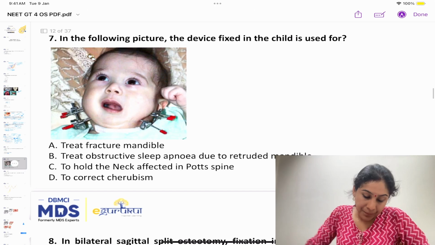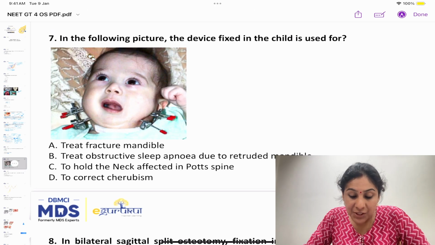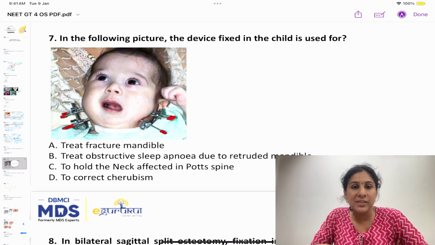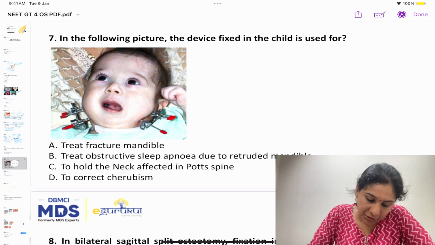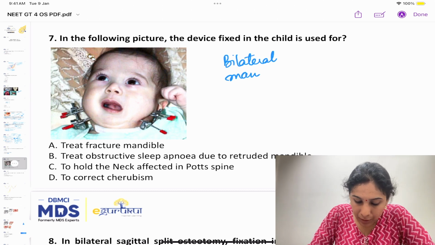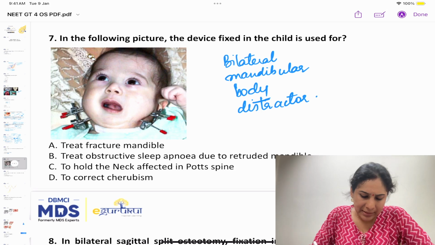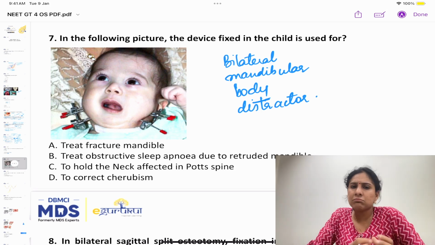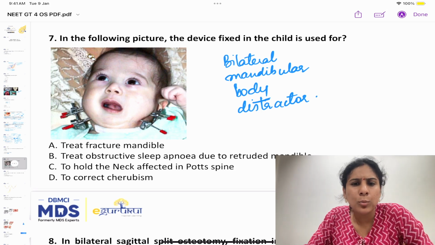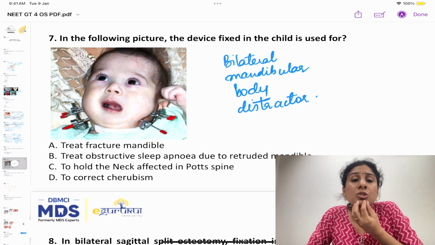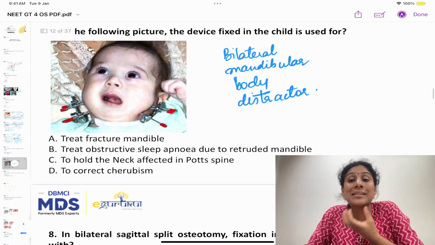Okay, next question. In the following picture, the device fixed in the child is used for. Now you can see here, this is an old-fashioned bilateral mandibular body distractor. Most probably the child has some congenital anomaly, some syndrome, maybe Pierre-Robin syndrome or anything that causes a small mandible, a hypoplastic mandible.